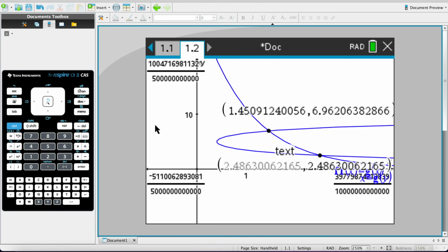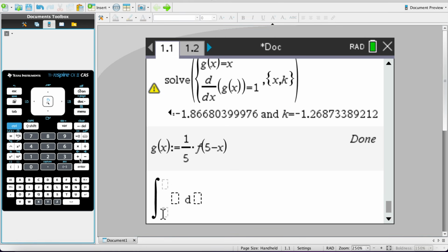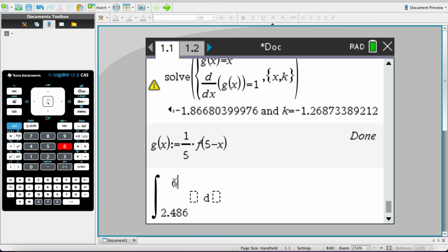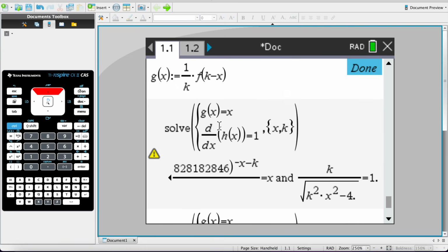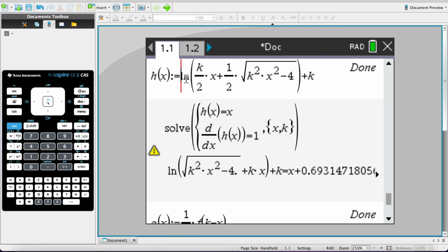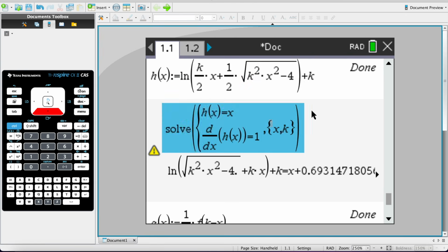So let's go to the graphing page and say shift plus integral, 2.486 all the way up to 6.962. Now I don't remember, oh, I did write up the function somewhere up here. I did here. So it was that function, that's the inverse. So I'll copy that and go all the way down.